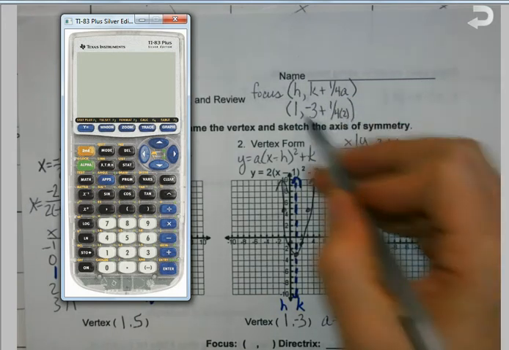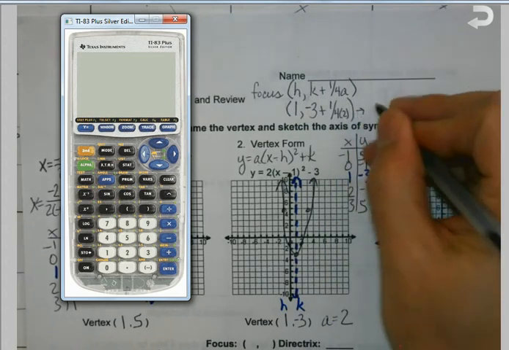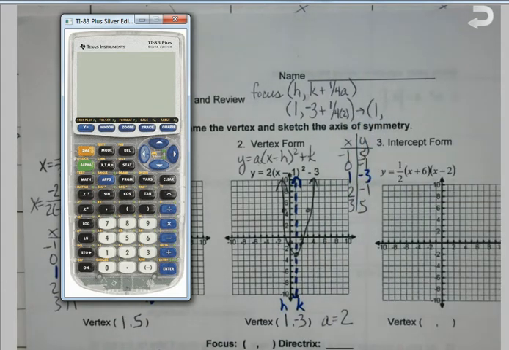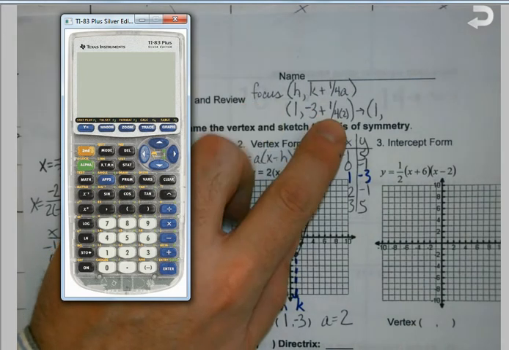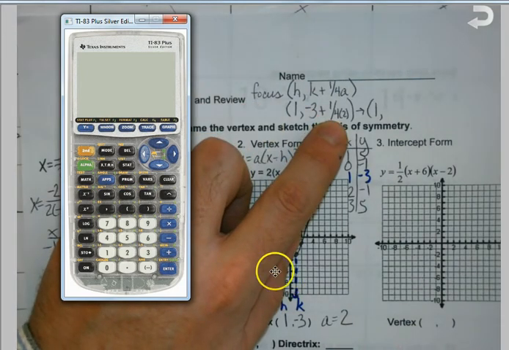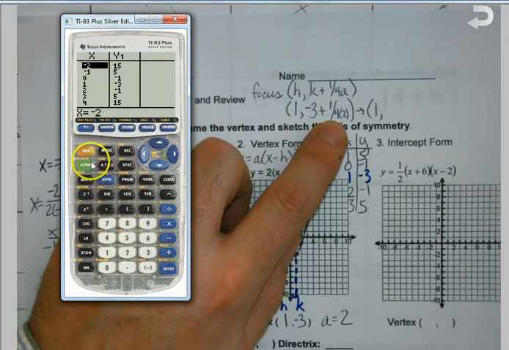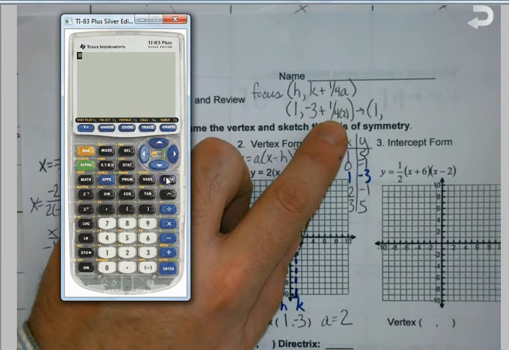Now here's the part that can get interesting. The 1's going to stay the same. But when I go to figure out this part, I would just deal with this part first. Just deal with the fraction, getting it simplified. So here, I'm going to have 1 divided by, now be careful, 4 times 2.